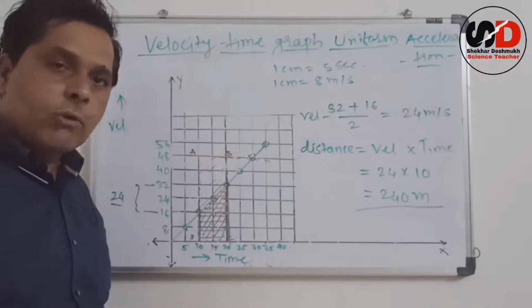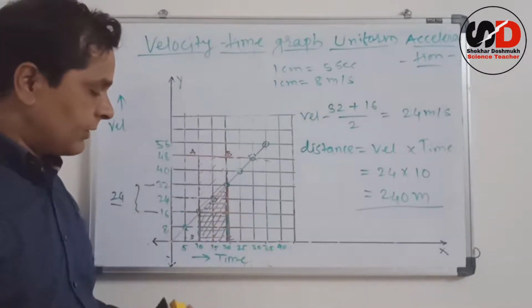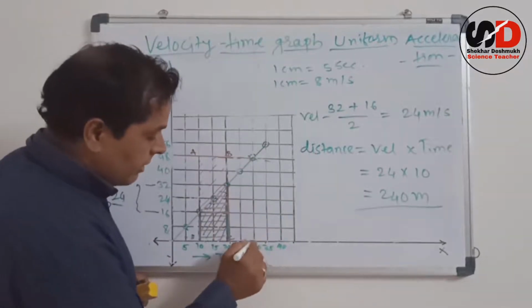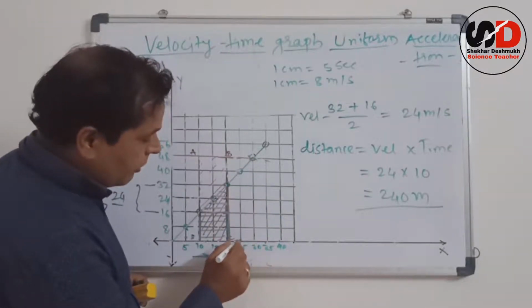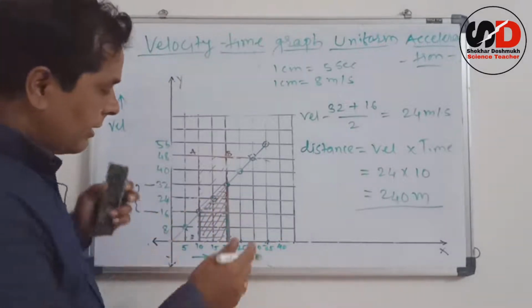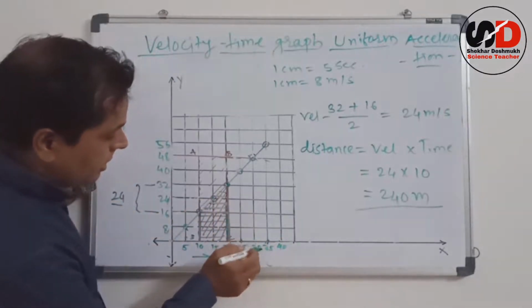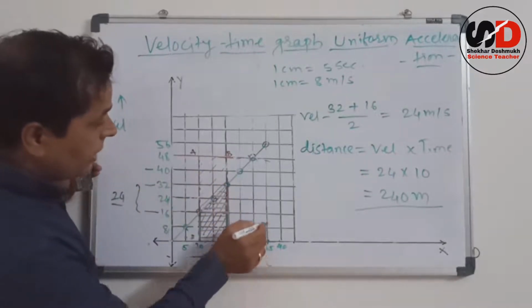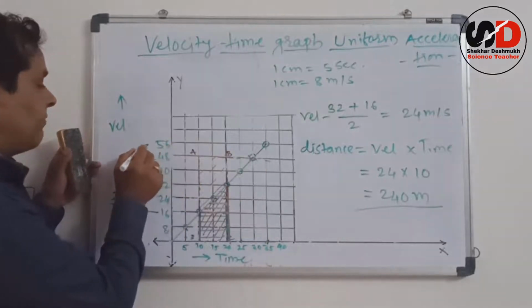We can calculate it for another example also. Suppose we calculate the distance covered between 25 and 35. Take the average: at 25 it is 40, at 35 it is 56.